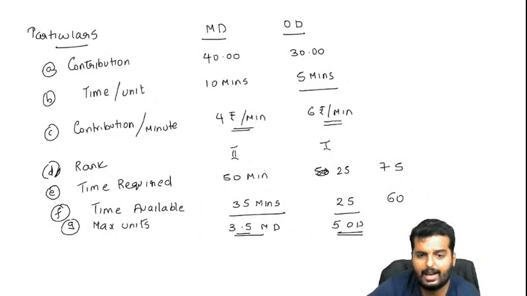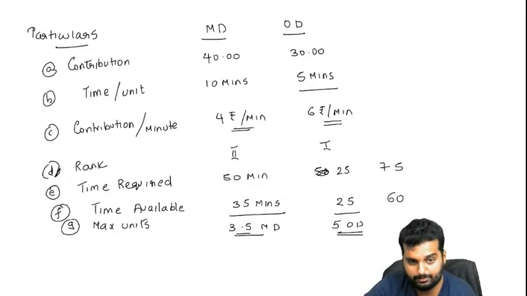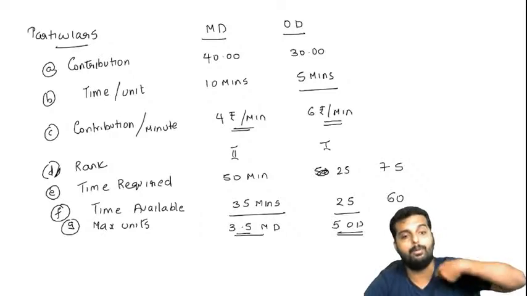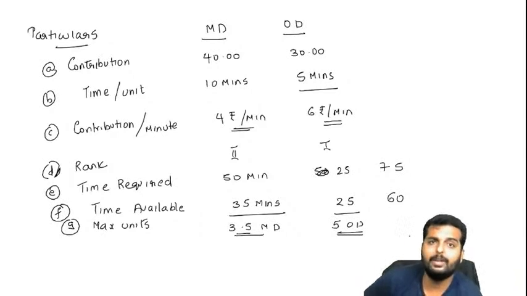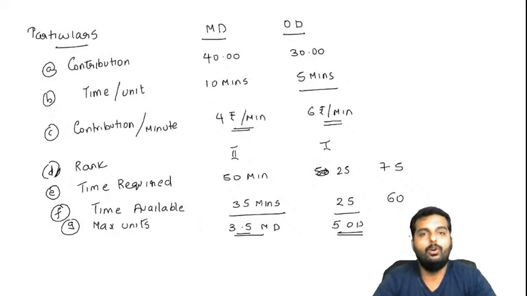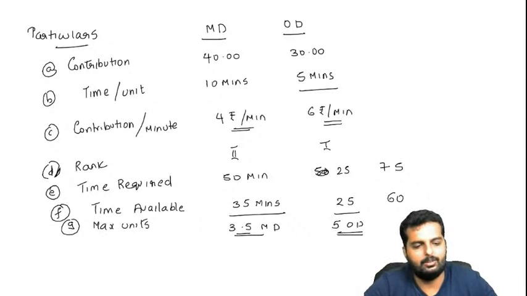Once we do that, we got the answer as 4 for masala dosa and 6 for onion dosa, which means for every 1 minute I am working to make masala dosa, I get 4 rupees, and for every 1 minute I am working to make an onion dosa, I am getting 6 rupees. So which one should I make first? I should make onion dosa first, only then should I make masala dosa. Everybody clear with this part? And we got the answer as 3.5 masala dosa and 5 onion dosas. So I'll give you the optimum contribution now.